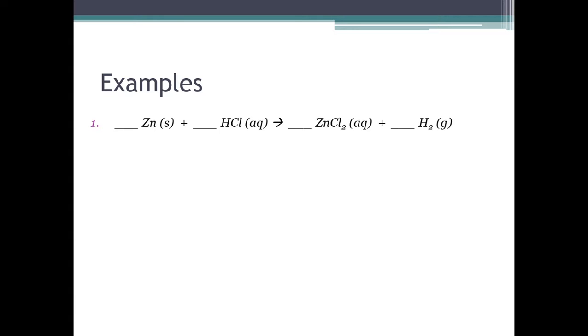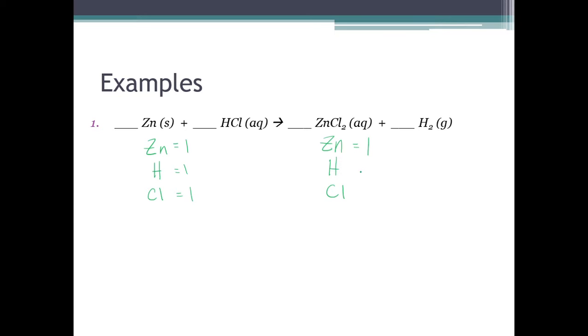We can do this in either order. Let's go ahead and just balance it first. Over on the left, we've got Zn, we have H, and we have Cl. Over on the right, we have Zn, we have H, and we have Cl. On the left, we have 1 zinc, 1 hydrogen, 1 chlorine.